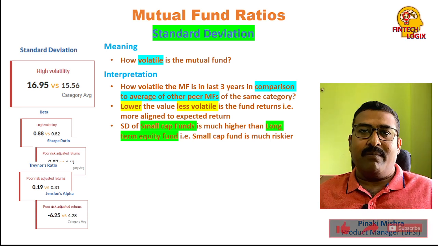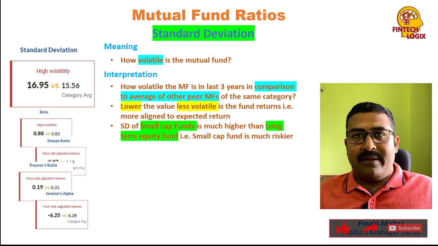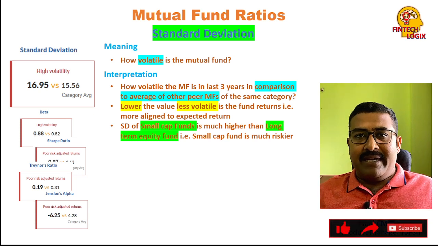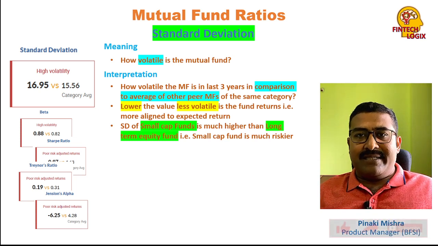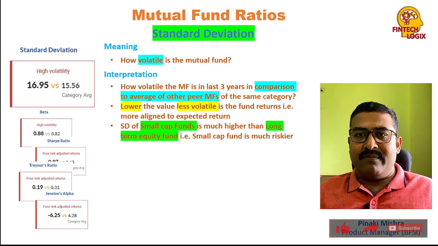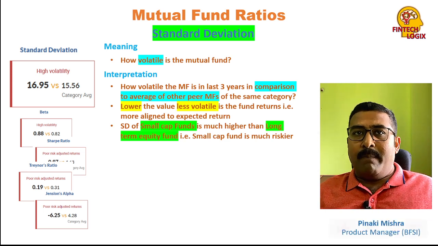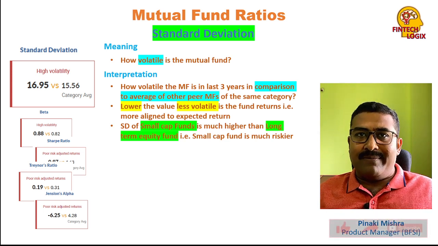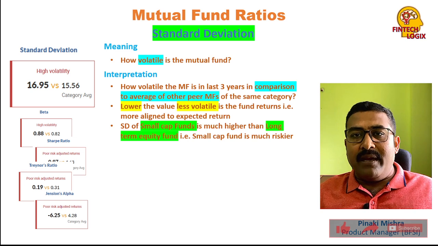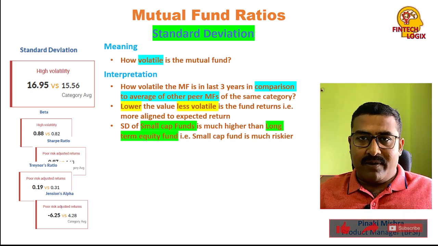So in the left hand side diagram, 16.95 is the standard deviation for the mutual fund that I'm looking at, compared to 15.56, which is the peer comparison of other mutual funds in the same category.